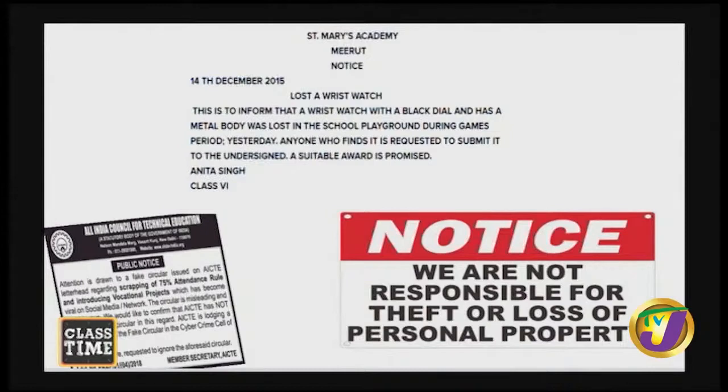And let me see. Yes, it describes the watch. So I would think it would be informational. All right. So we have some examples here, and based on what we have learned so far, we would know what category we would place each of these notices.